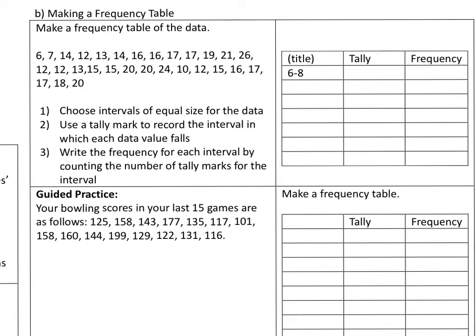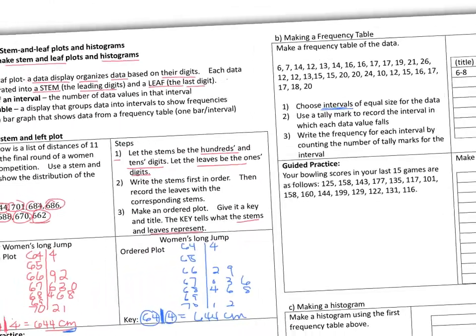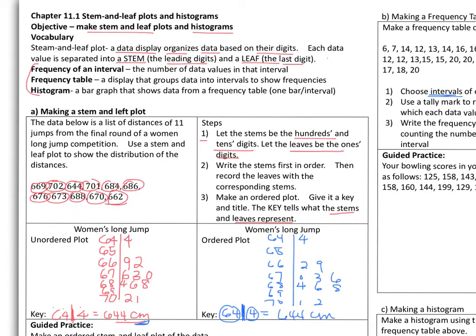Okay, making a frequency table. This is how we make a frequency table. First, you have to choose intervals of equal size for the data. So what does the word interval mean? We'll have to come back here. The frequency of an interval is just the number of data values in that interval. So for example, 6 through 8 can be considered an interval.